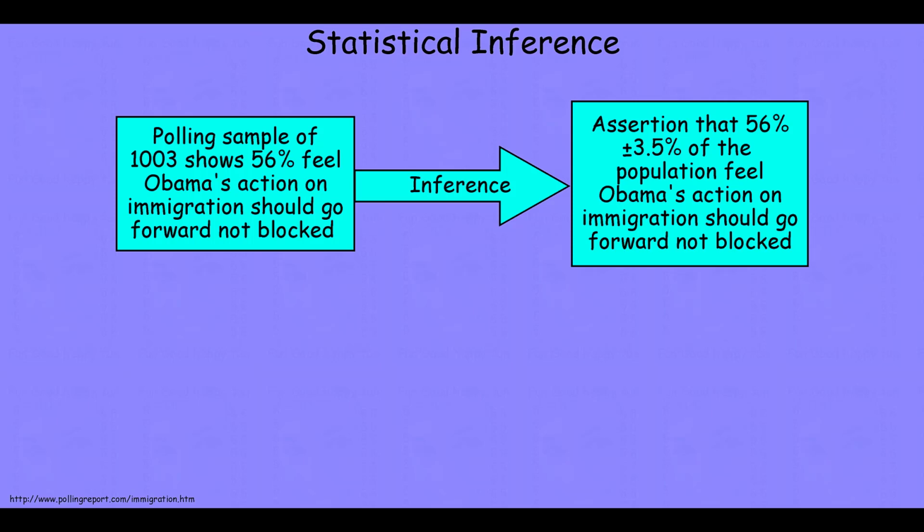The frequency that the poll suggests is in the population ranges from 56%, the frequency in the sample, plus 3.5%, so 59.5% at the high end, to 56 minus 3.5%, or 52.5% at the low end. So there's this range of possible values. Our statistical inference doesn't say it's 56%. It says it falls with high likelihood somewhere within that range between 59.5 and 52.5.